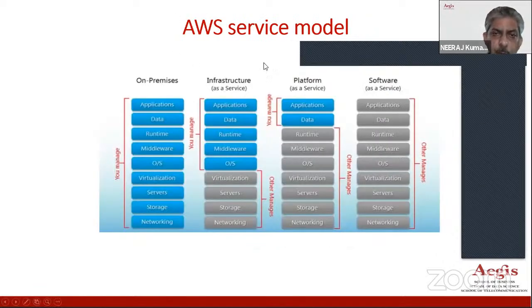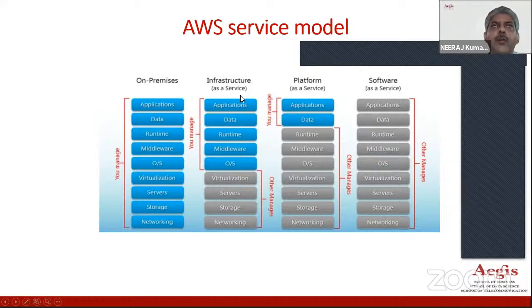Now in the AWS parlance, if you see how AWS mimics the same kind of service model in their cloud, right? AWS provides you all kinds of services, depending on your requirement. They can provide everything starting from the second pillar or second tower, infrastructure as a service.